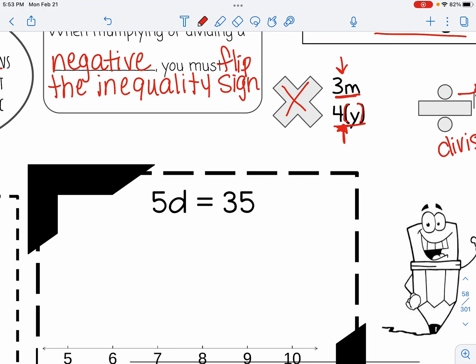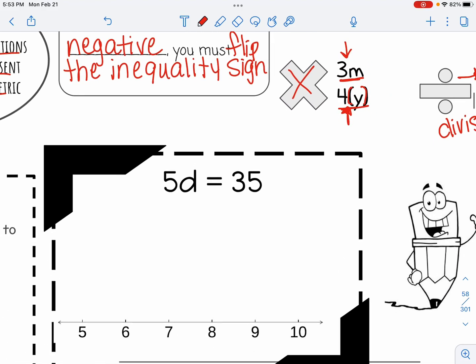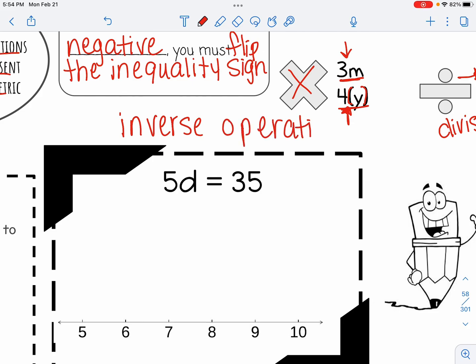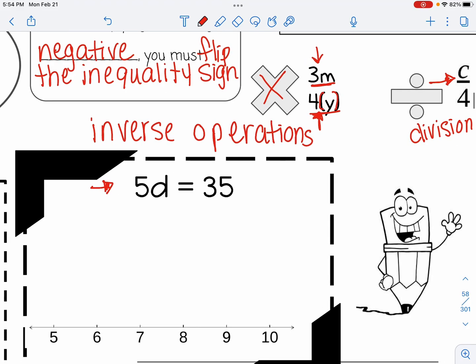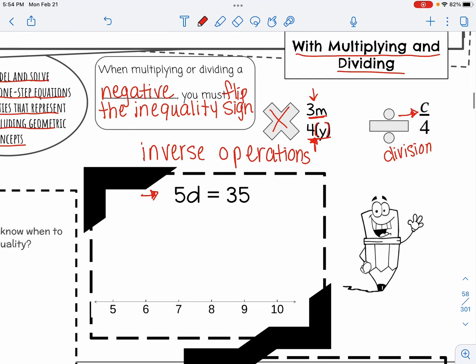Okay, here we go. So remember, when we are solving equations, we use inverse operations. Same thing as adding and subtracting. Okay, so let's identify what operation is going on right here. Well, it's multiplication. See how the number is smooshed up to the variable with no operation in between? That means that I'm multiplying some number by 5 to get 35.